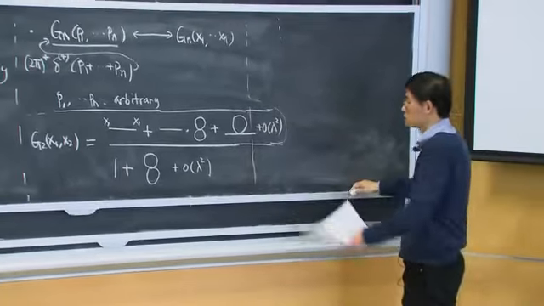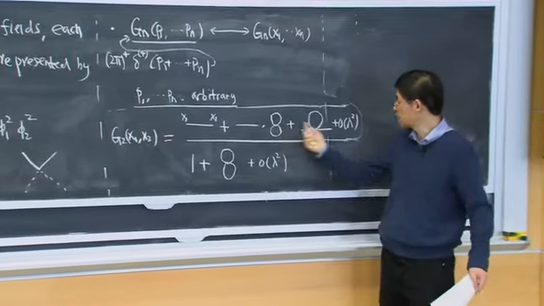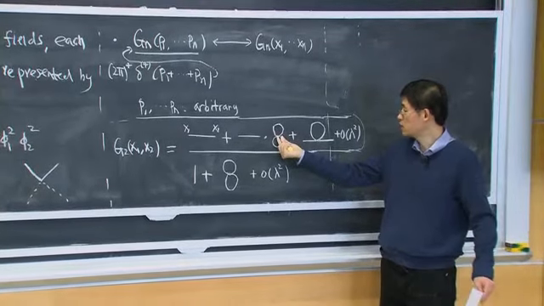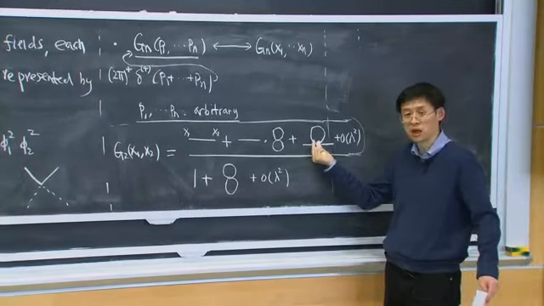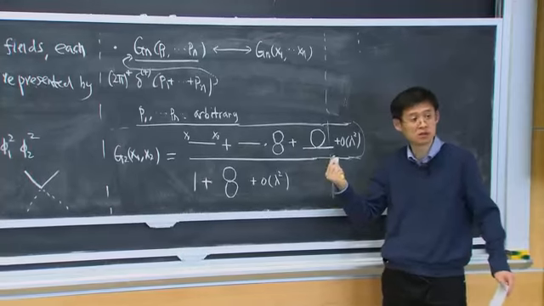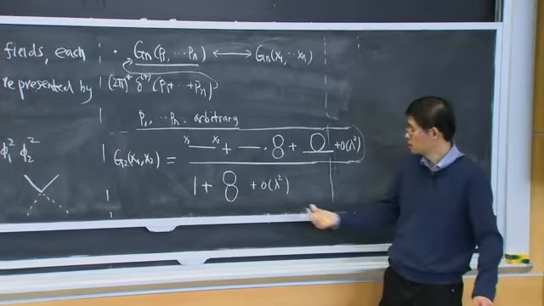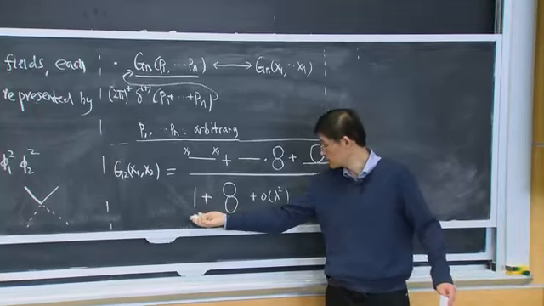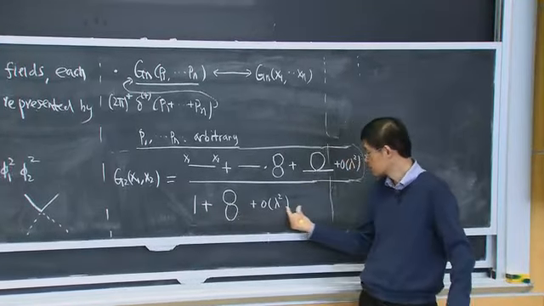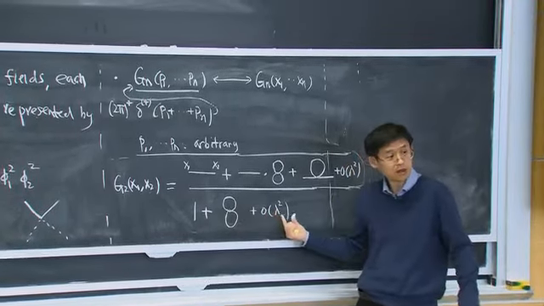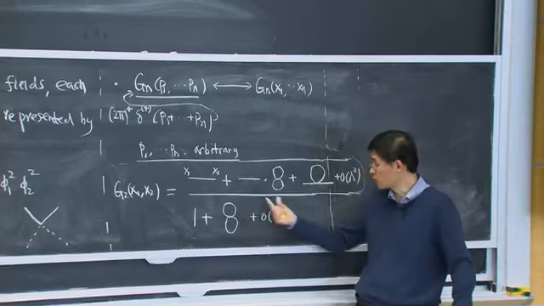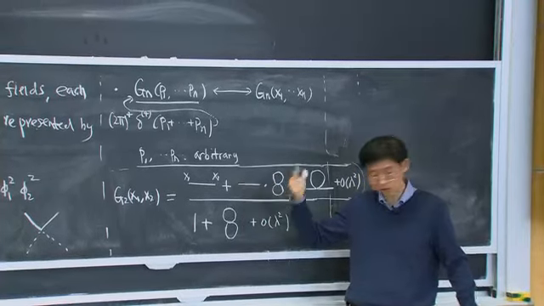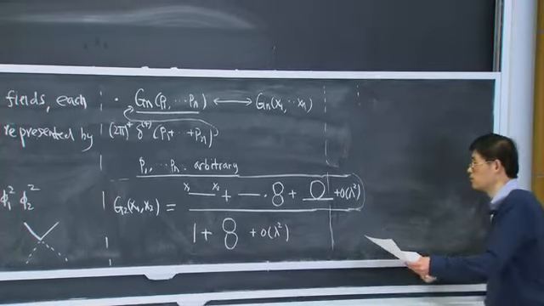Now you should remember each vertex carries a factor of lambda, which is considered to be small. Downstairs you have 1 plus a power series in lambda, and we can do the Taylor expansion again to bring them to the upstairs, as we did before.